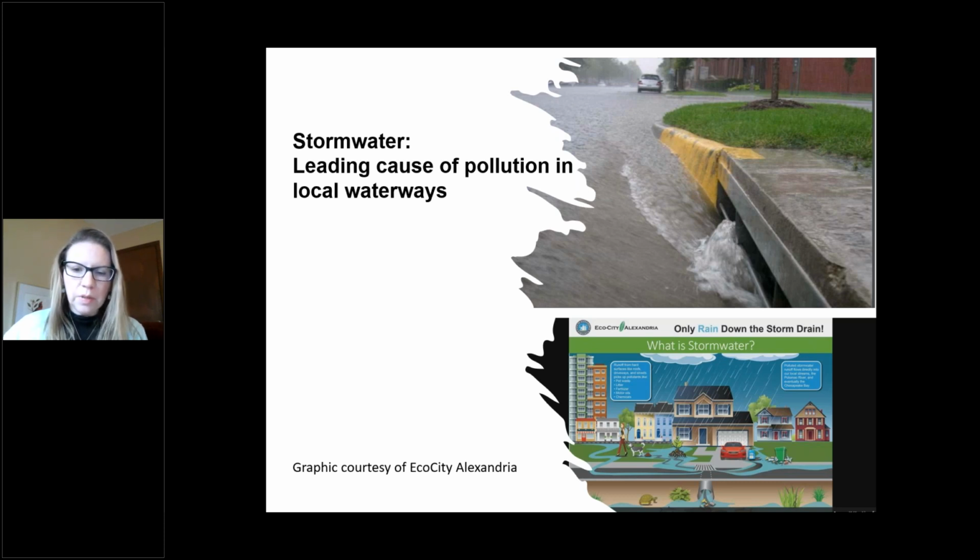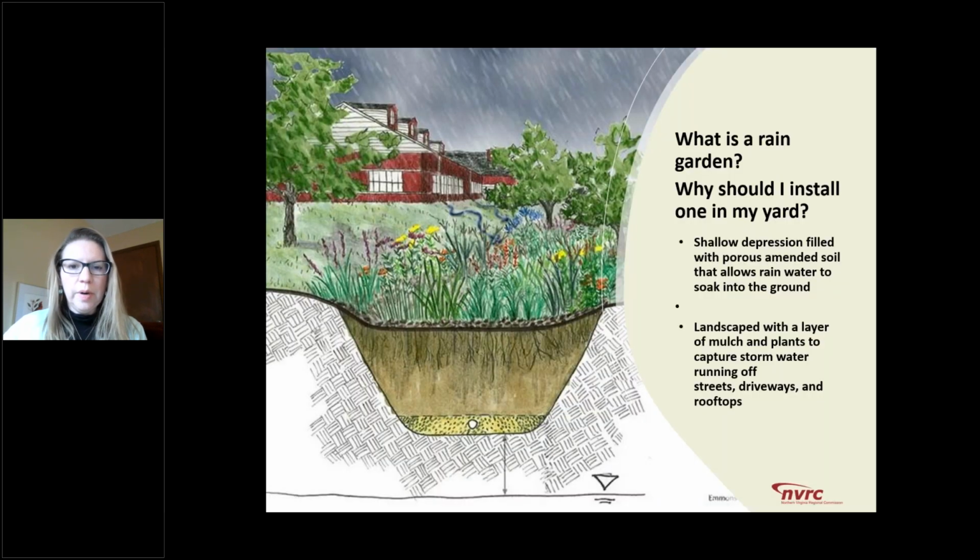So the main objective of this program is to teach you how to develop and maintain a sustainable landscape to help control stormwater runoff and have a positive impact on the environment. A rain garden is a depressed area in the landscape, kind of like a bowl that collects water from a roof, driveway, or street and allows it to soak into the ground.